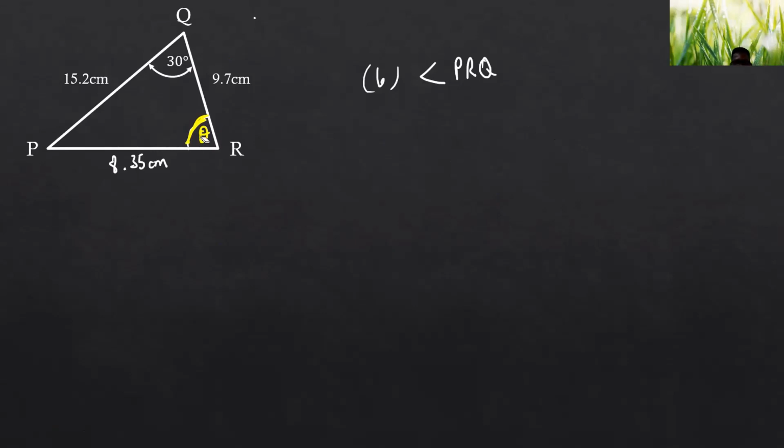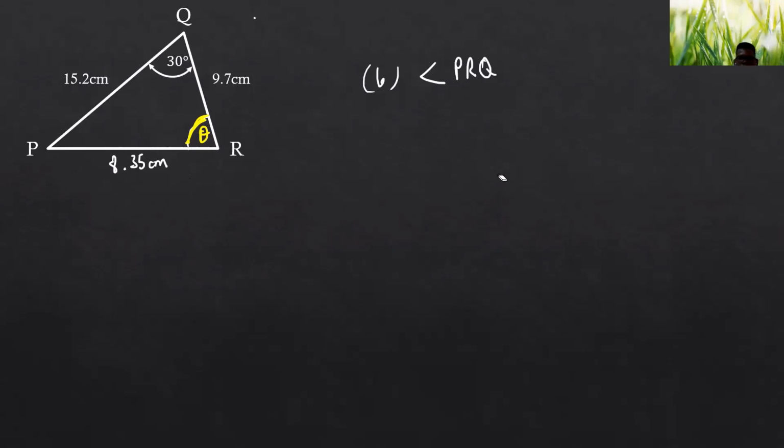Now, we're looking for an angle inside this triangle, and there are really only 3 ways we know to find an angle: cosine rule, sine rule, or our 180 degrees sum. But we can't use the 180 degrees sum because we don't know 2 angles in here. So we either have to use cosine rule or sine rule.